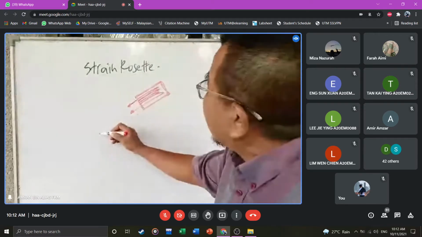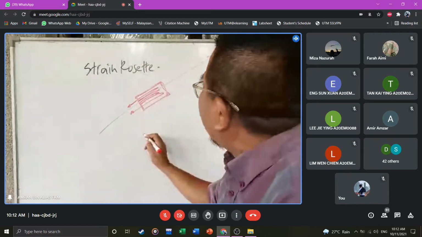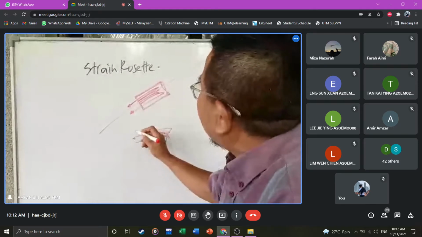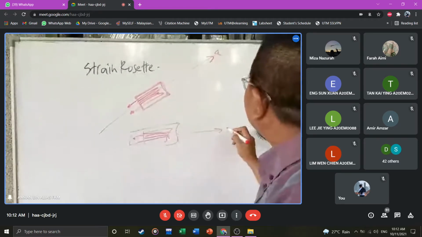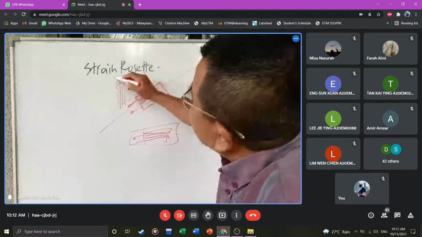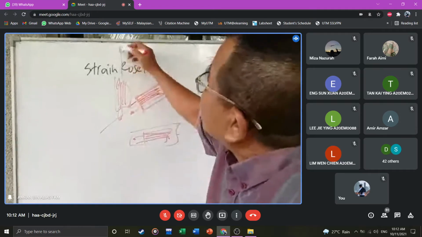I put a strain gauge in that direction, let's say in A direction there. And then I put a strain gauge in that direction there. This is X direction. And then I put a strain gauge in Y direction there. Got the value there. This is Y direction.